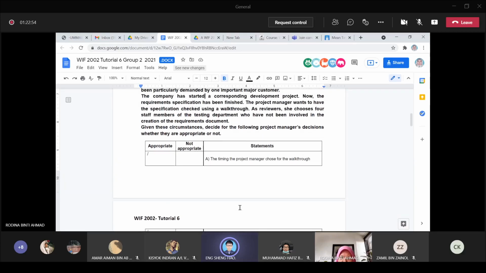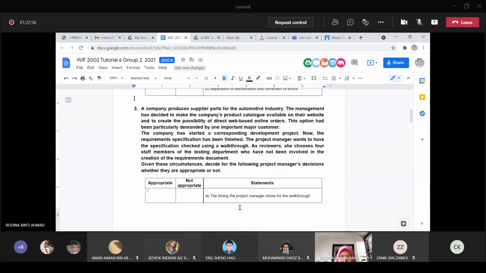Yeah, basically because this is a web-based system that has a lot of interaction with the users. When you develop that prototype, you can get feedback directly to improve the interfaces. For web-based online orders, the interface is the most important. Besides, when you only see the document, you might not be able to visualize the requirement.